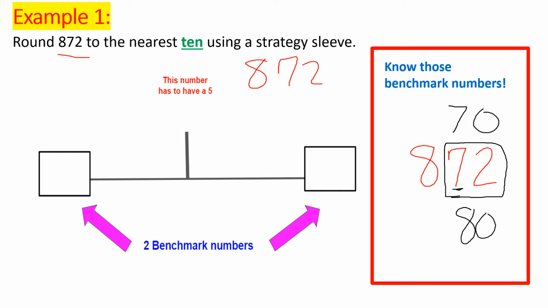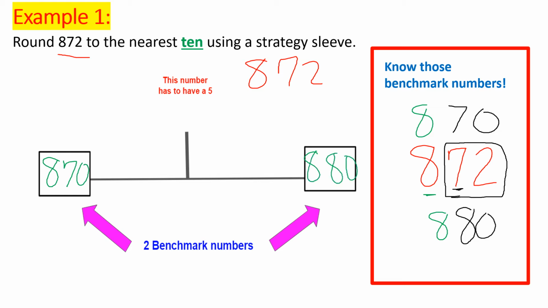Now, the interesting thing about a 3-digit number is I can't just leave the 8 out. I have to add the 8. So watch this. That means that my number is between, here are my benchmark numbers, 870 and 880.